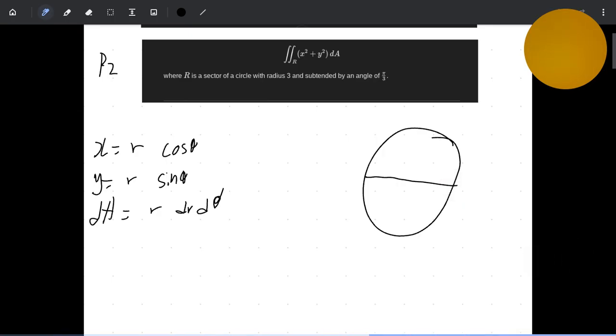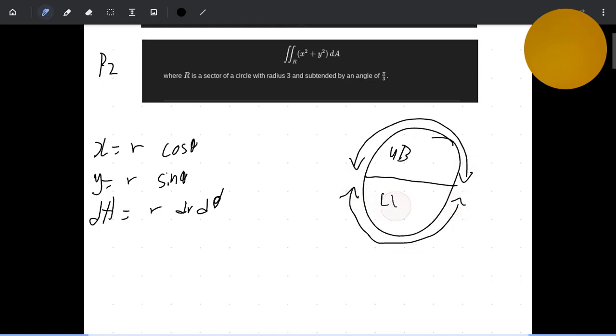The upper bound, UB, from here to here, and the lower bound, LB, from here to here, will be from pi to 2 pi, and from here to here, it will be from 0 to pi. So just remember that.